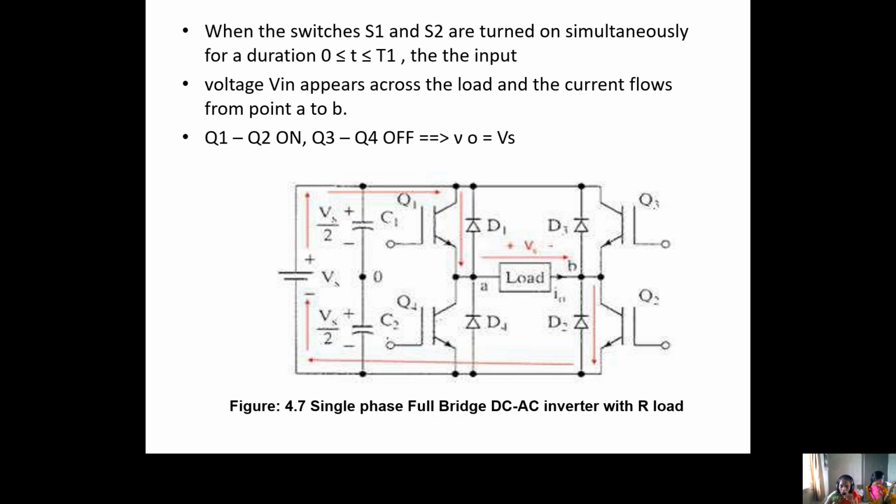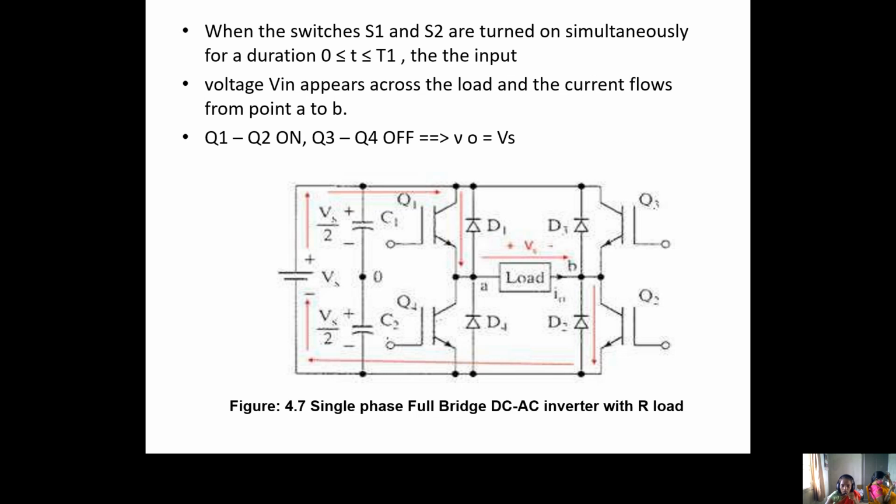So the voltage Vin appears across the load, and current flows from A to B. Whenever S1 and S2 are turned on, the current flows from Vs to Q1, Q1 to load A to B, and then to D2, and D2 goes to the source. Okay. So here Q1 and Q2 will be on, Q3 and Q4 will be off. So V0 equals Vs.